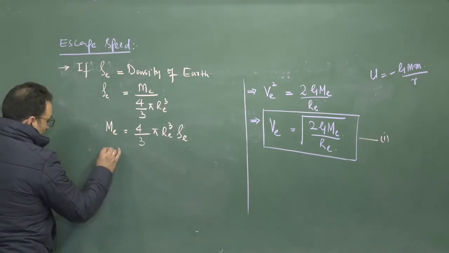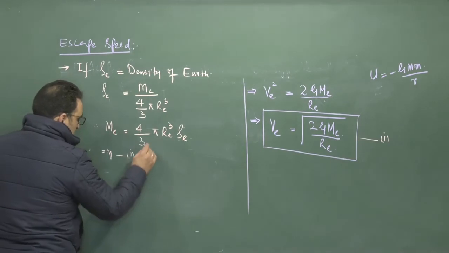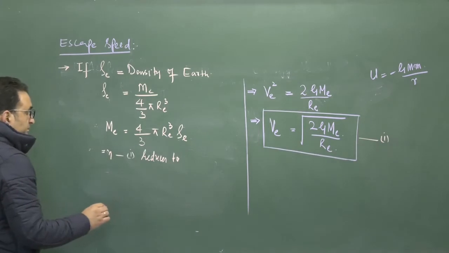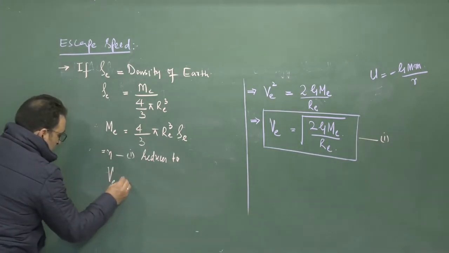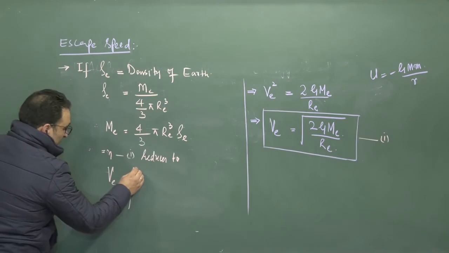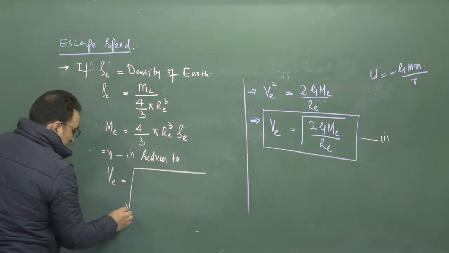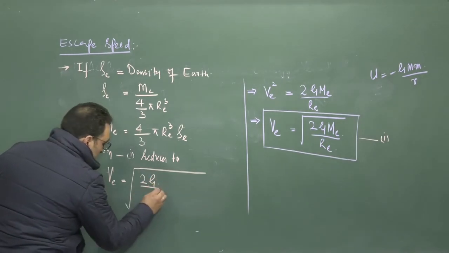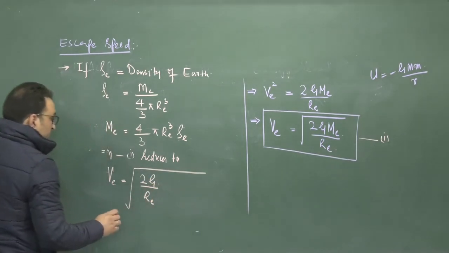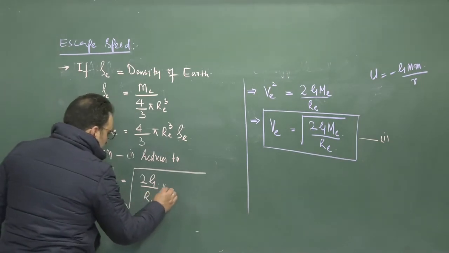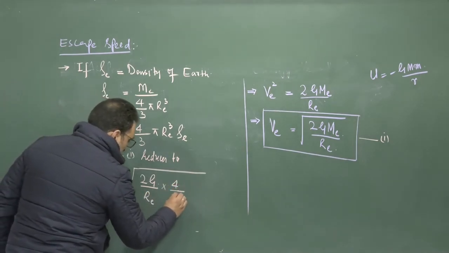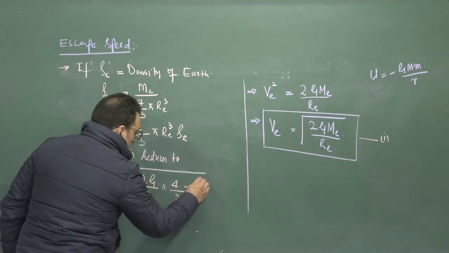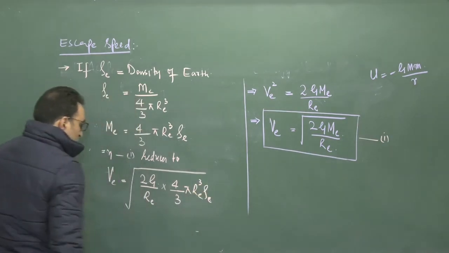Therefore, equation 1 reduces to v_e is equal to under root of twice G, this is R_E. Now, instead of M, let me write 4 by 3 pi R_E cube rho_e.